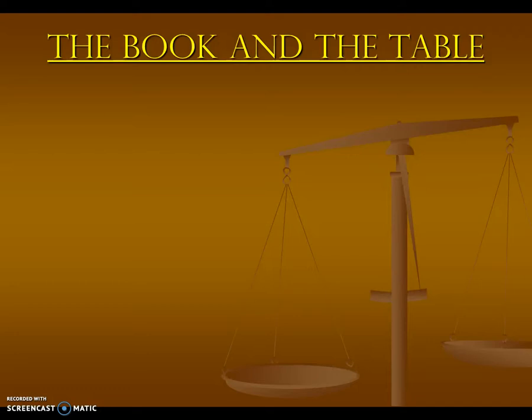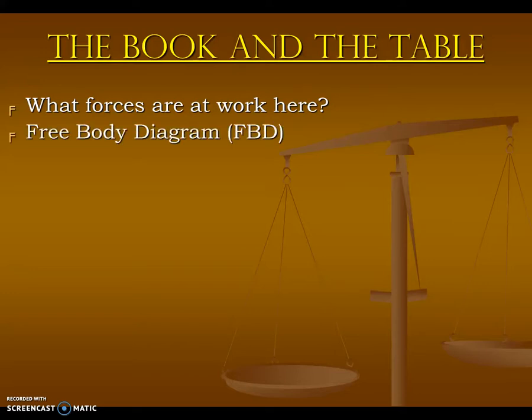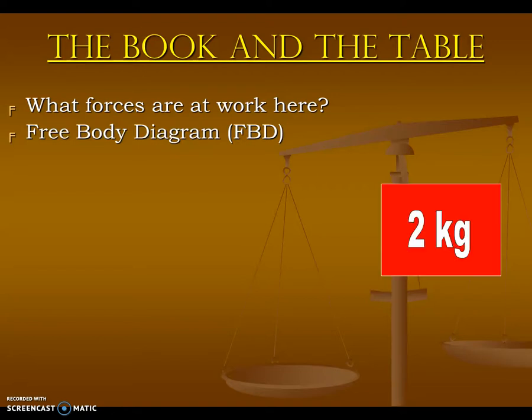All right. I am going to talk a little bit about another kind of force here called a normal force and a free body diagram, and then I'm going to give you a step-by-step process to walk through any Newton's law problem that we do forever, right? So if you have a book and it's resting on a table, let's say it's 2 kilograms, and it's sitting on a table, we draw something called free body diagrams that actually show the forces that are acting on the object in question.